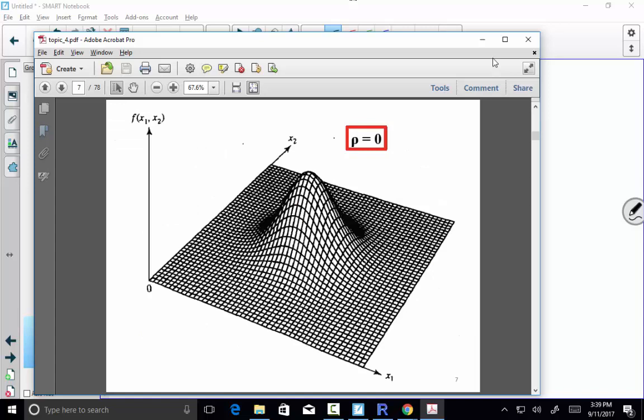Then I've got some pictures that show example multivariate normals. This is multivariate normal where the variances are the same. The variance of x1 and the variance of x2 are the same. When you have equal variances, the elliptical surface will be symmetric.